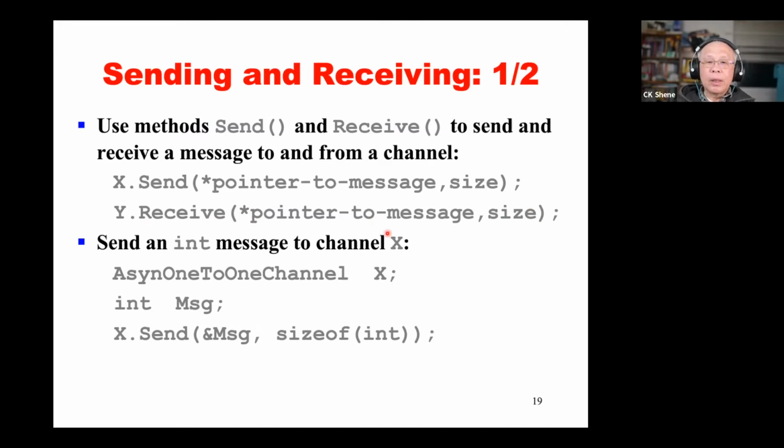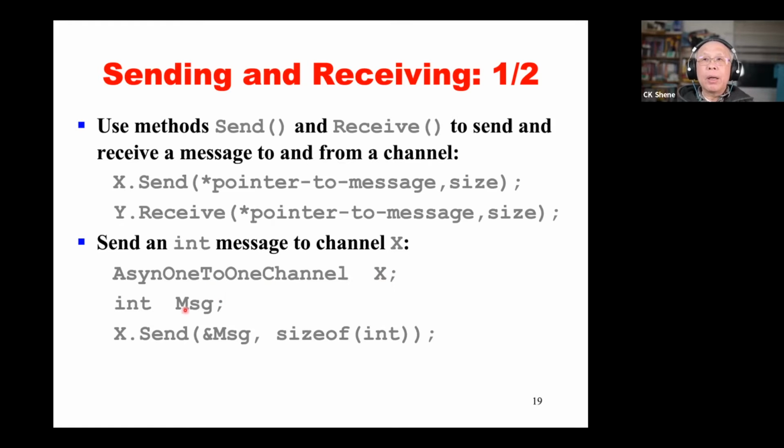Now, let's take a look at an example. Suppose we declare channel X. This X is not this X, because this is a different example. We hope to send an integer message into channel X. So we declare X to be an asynchronous one-to-one channel.